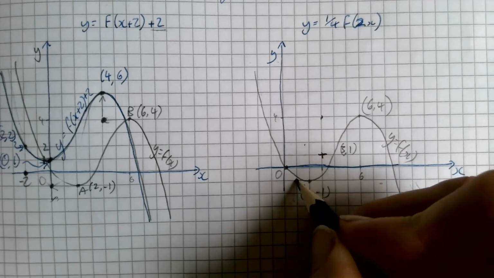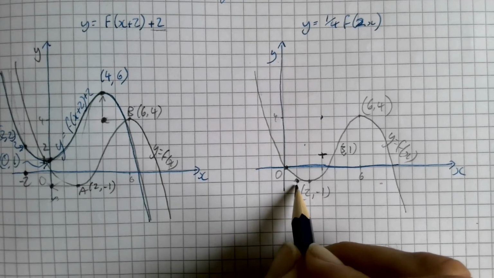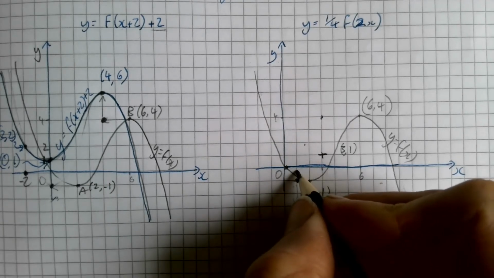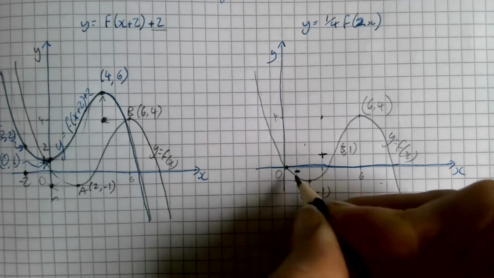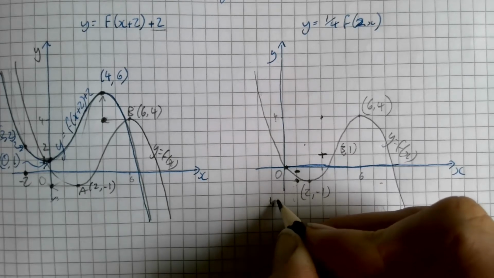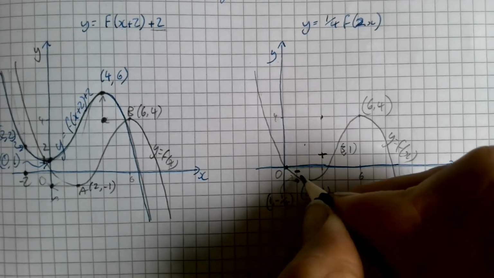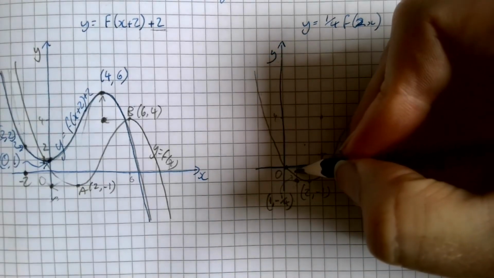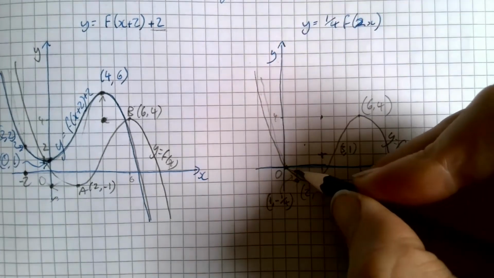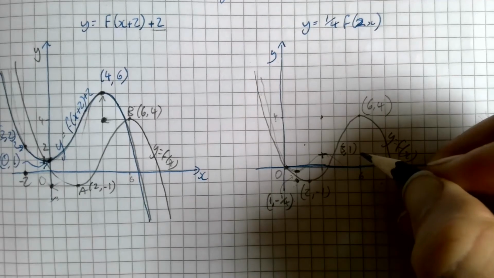And then instead of being -1 there, that's going to be -1/4 or 2.5. So we are thinking 1, -1/4 there, and that is what's happening to our curve.